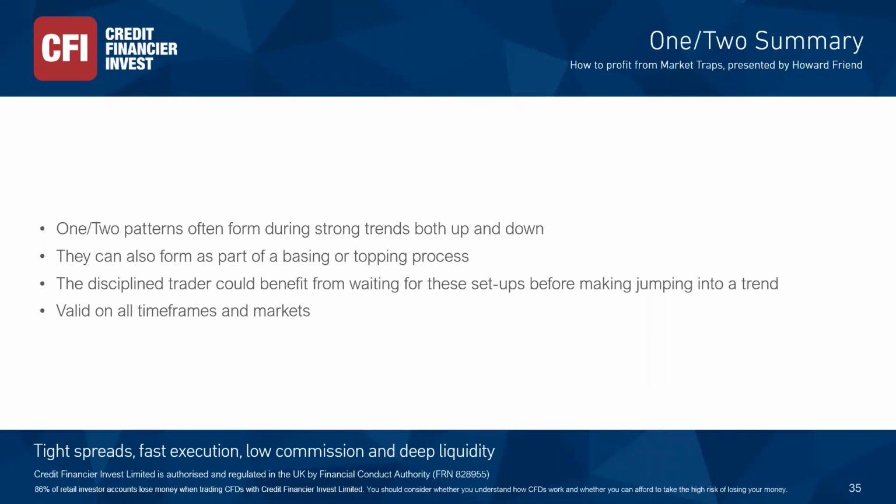Mark the red line, mark the blue line. Get a feel for 1-2, and before you know it, you'll be looking to use 1-2 as part of your trading strategy. I use 1-2 as one of the components in one of my algos, so it's quite a powerful trading setup in my opinion.